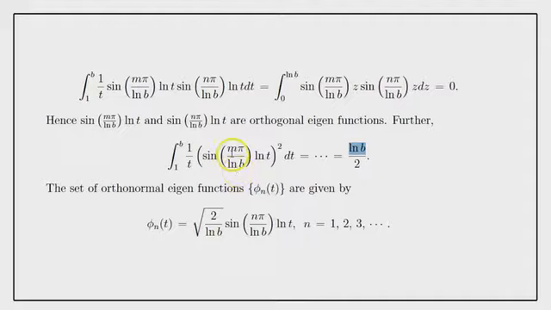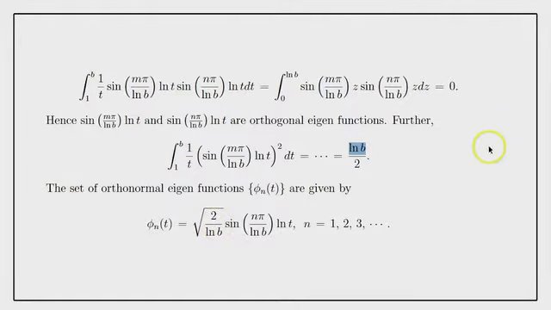That means instead of x_n, if you consider phi_n(t) in the integral from a to b, in this case 1 to b, of r(t) phi_n(t) squared dt, you will get this equal to 1. So when the eigenfunctions are divided by their norms, you get a set of orthonormal eigenfunctions from the set of orthogonal eigenfunctions.